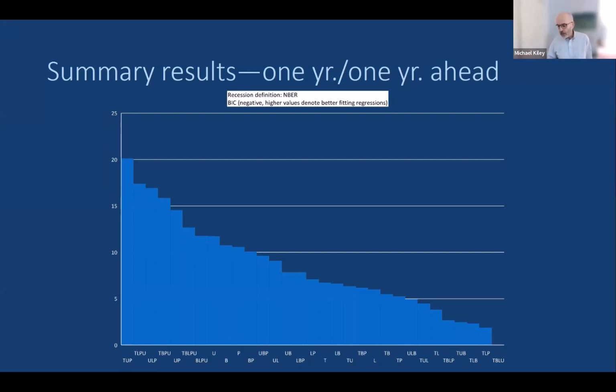And so none of these variables are very good. That's totally right. And in fact, if I look at variables that only look at financial conditions, I get quite poor fits, as is shown in the lower left of this chart.